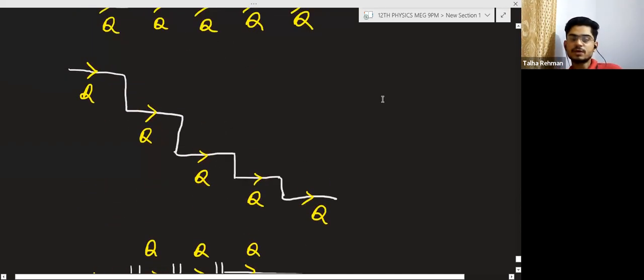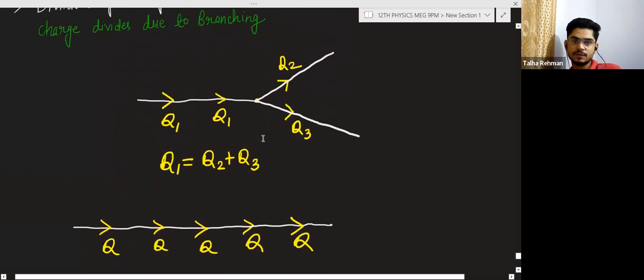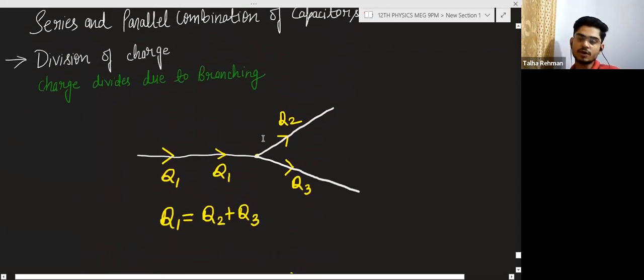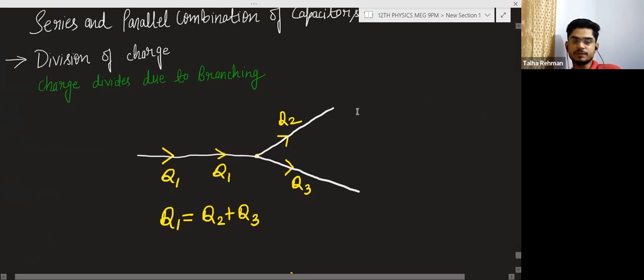So Hamza, that's how the charge is divided. Charge will only divide when there are branches in the wire.